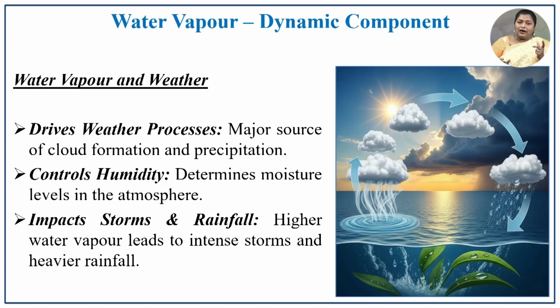The impact of storms and rainfall is mainly due to the water vapor content. If the water vapor content is higher, what will it lead to? It will lead to storms and heavier rainfall. So in such a way, the impact of water vapor is much more in weather phenomena.